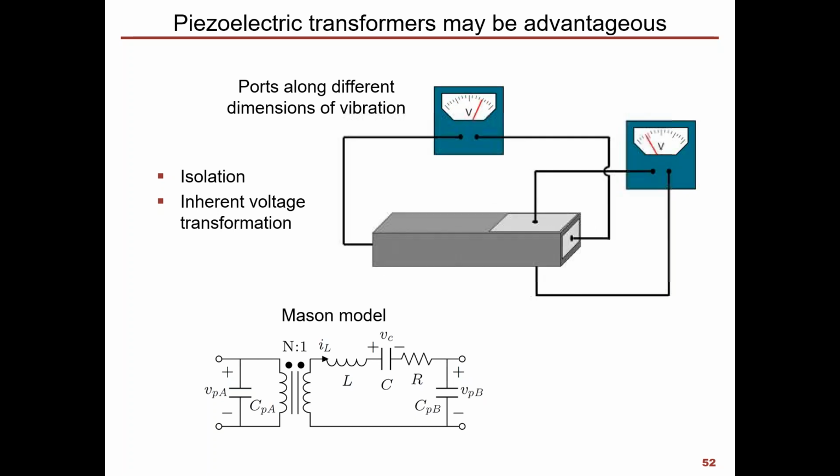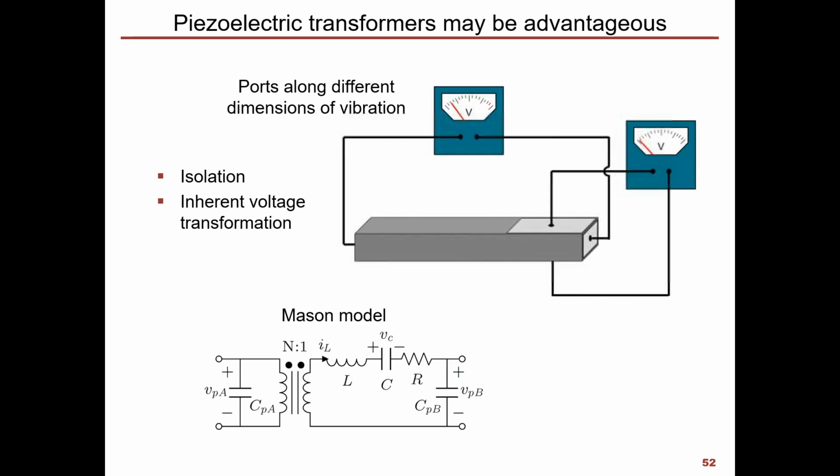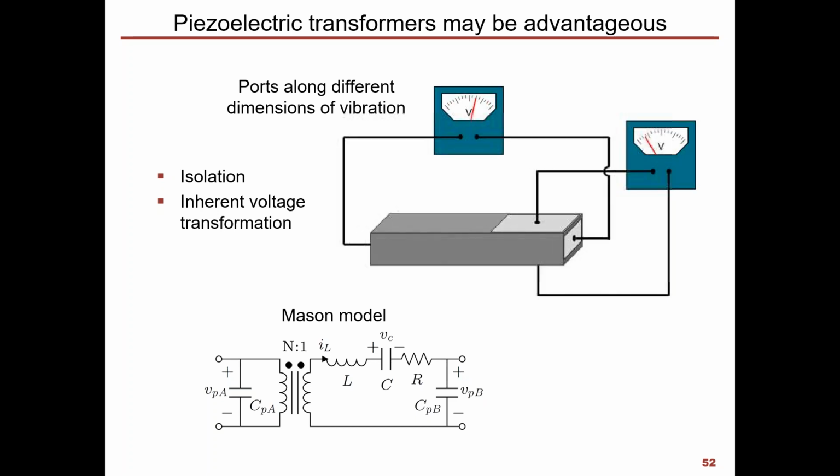Essentially what we've done here is we've got electrodes on the piezo just like normal, but we're also tapping the piezo at a different dimension of vibration. So you can see that along that long end from left to right, the piezo vibrates much more widely than it does up and down.